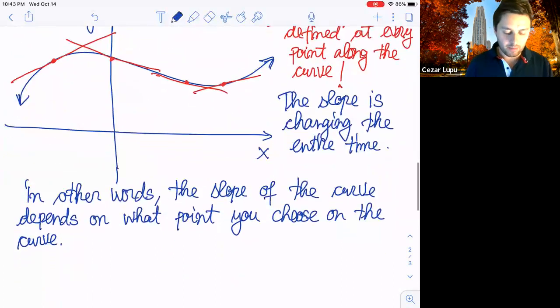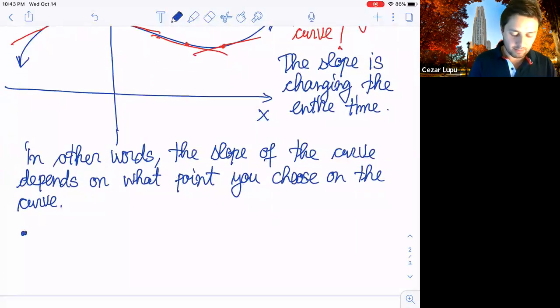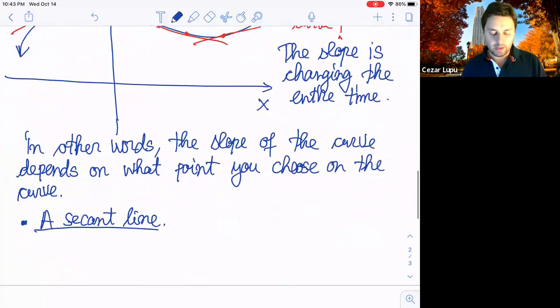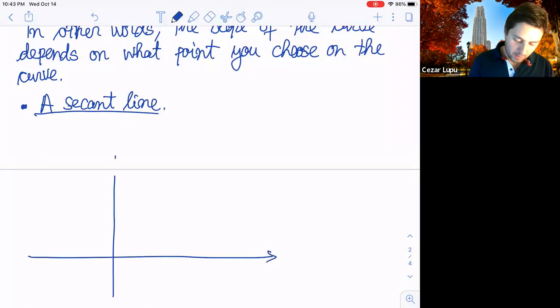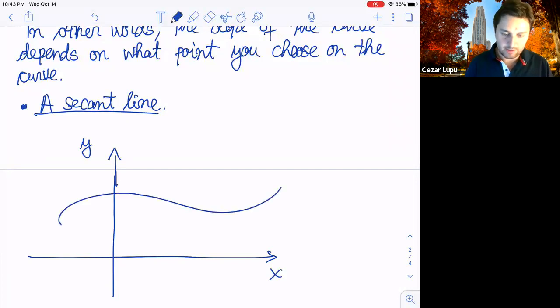Now I want to talk a bit about the secant line. Let me draw a picture. These are the axes, x, y. And let's say we have something that goes like this.